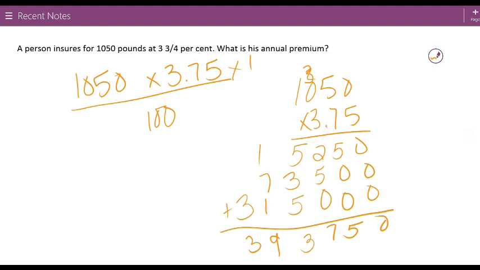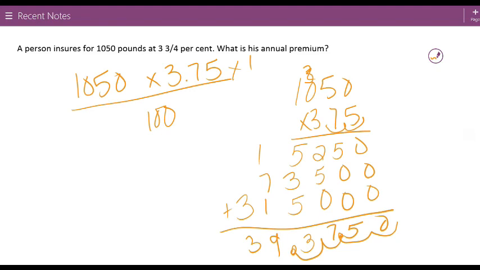Alright, so we moved our decimal 2 places, 1, 2. Again, dividing by 100, moving it another 2 places to the left, 1, 2. So in this case, here would have been a good place to work in fractions, because now I have a decimal of a pound.